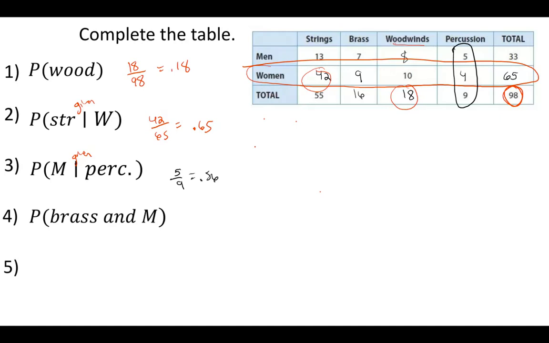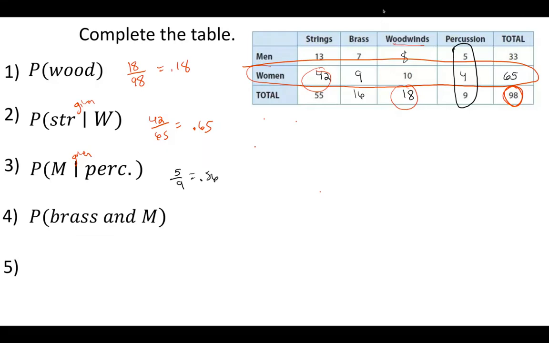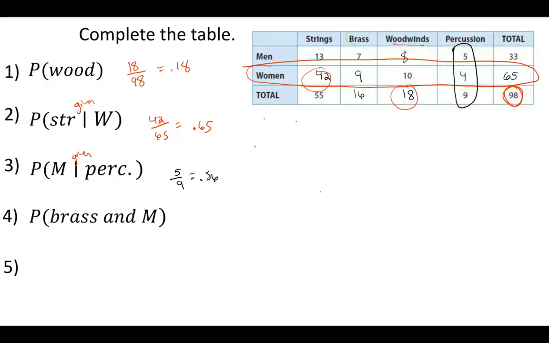Just what's the probability that you choose someone out of all the people that plays brass and is a male. So you really just need to locate that on the chart. You can start with either variable. So start with brass. So in the brass column, males. Men in the brass is 7. So 7 male brass players out of the total 98 band members. So that is 0.07.